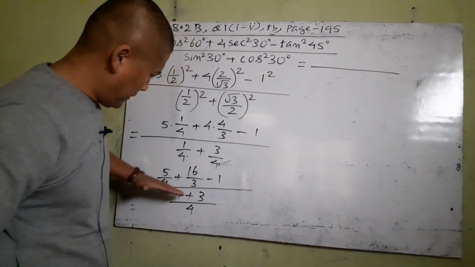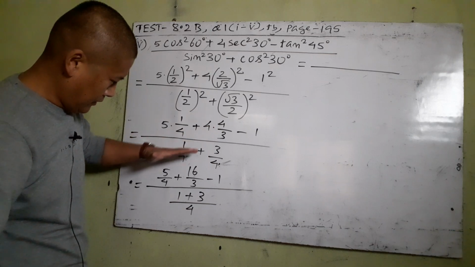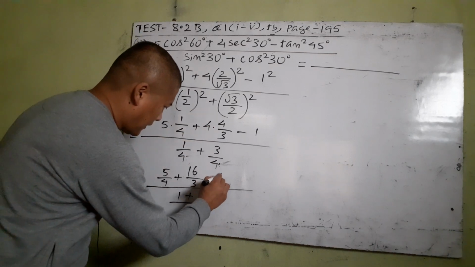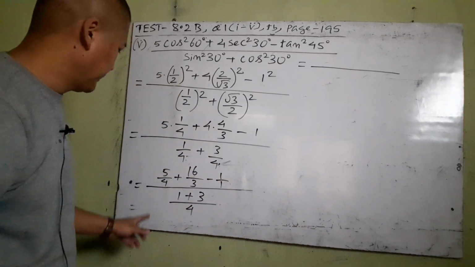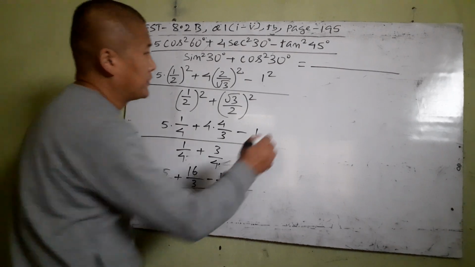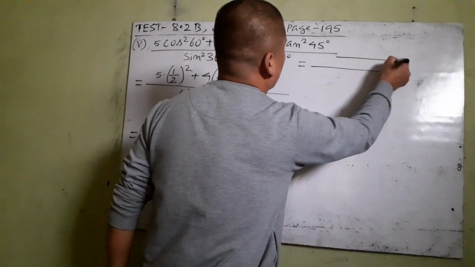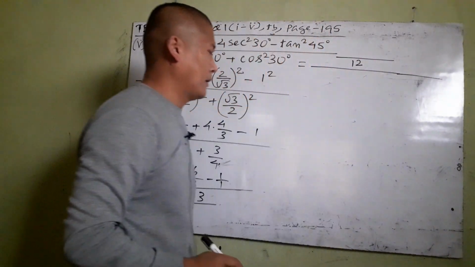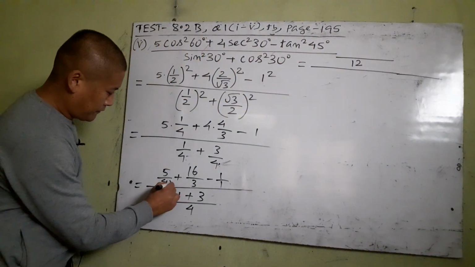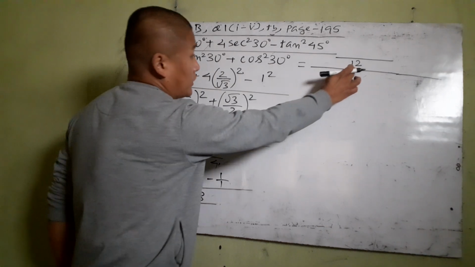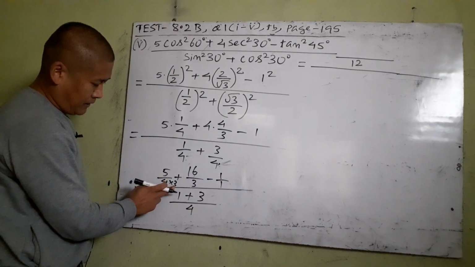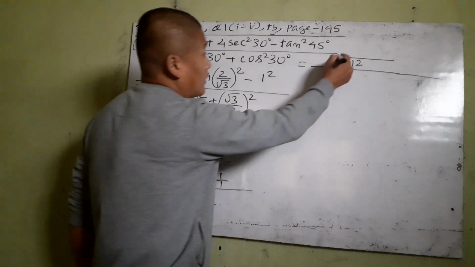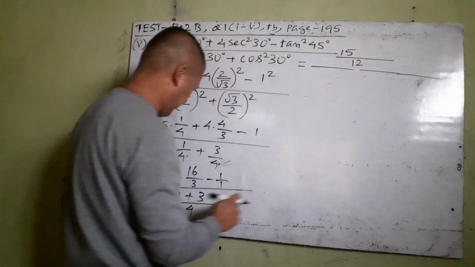Here, upper part, above the longer line, 1 means 1 by 1 we can write if you want. 4, 3 and 1, denominator LCM is 12. 12 is the LCM. Take the first denominator, 4 3s are 12. So multiply the 3 to the numerator, 3 5s are 15.